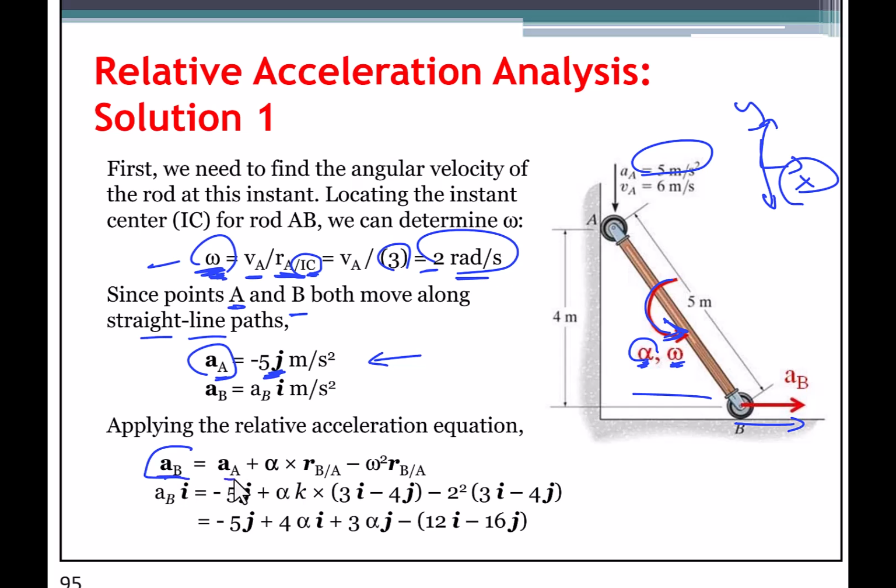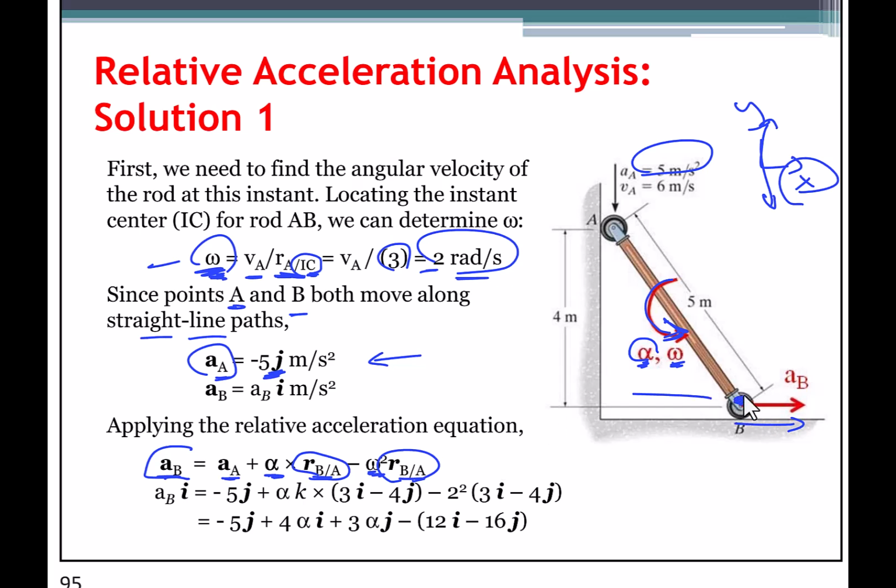So aB is equal to aA plus alpha, the angular acceleration, crossed with the relative position of B with respect to A, and then minus omega squared, which we already found, times again the relative position of B with respect to A. What is the relative position of B with respect to A?